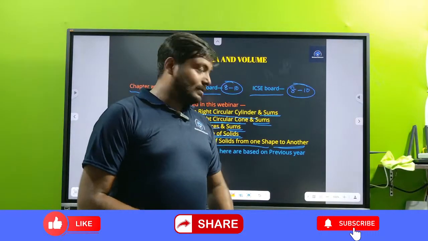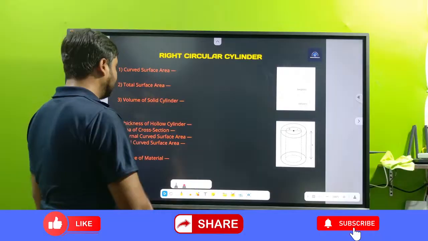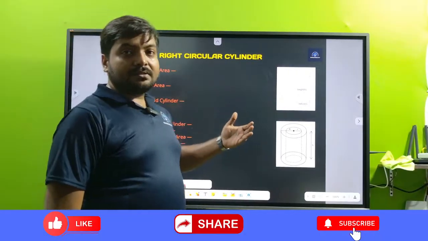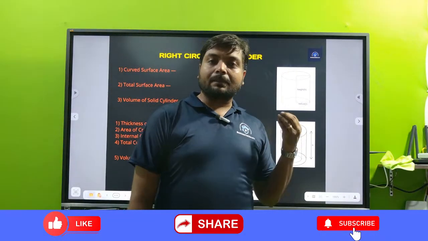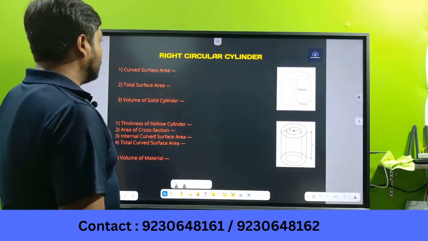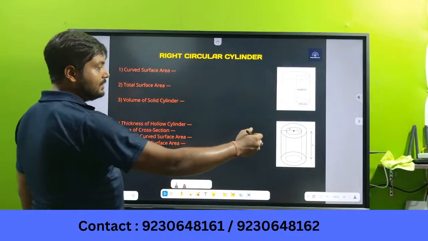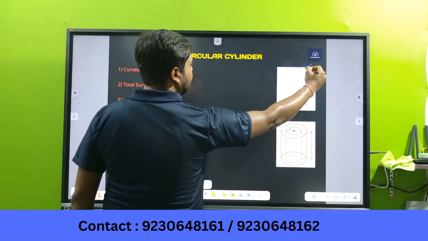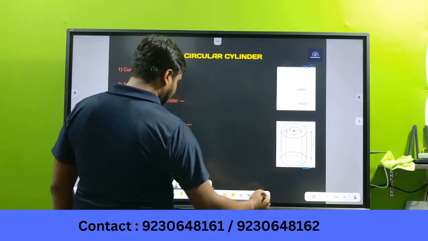Now let us discuss the part that is right circular cylinder. So cylinder is in two forms. This is the first type and this is the second type.